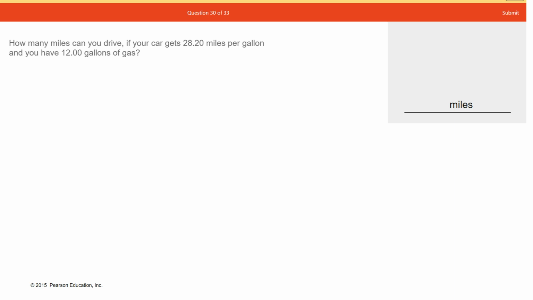So in number 30, which of these is our given? Which of these is our starting point and which of these is our conversion factor? What's different about this unit versus this unit?